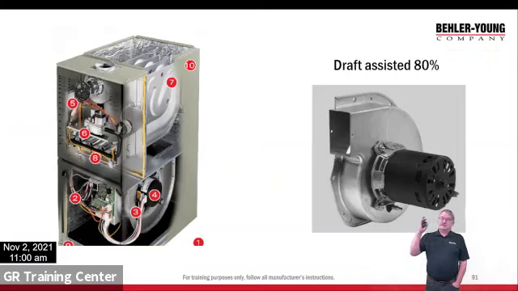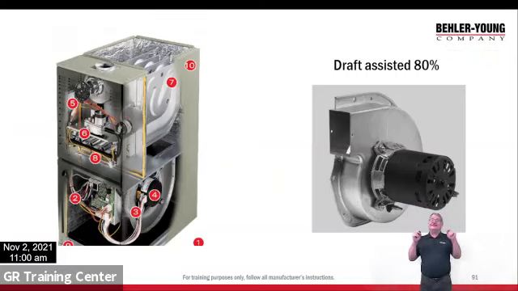Now, the next thing we got into is modern 80% furnaces. We want to control a little bit more of that combustion, because before, remember, the chimney drew air through there, and we had a lot more left to chance. So now we're going to use a draft assist.